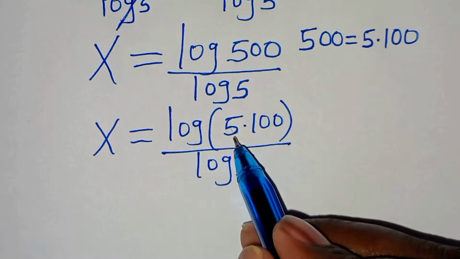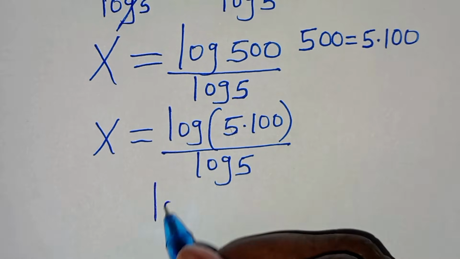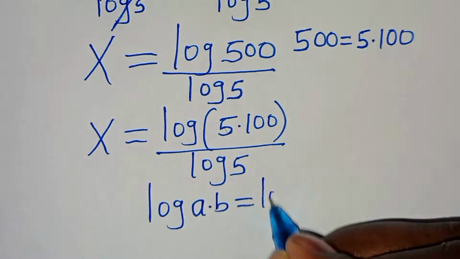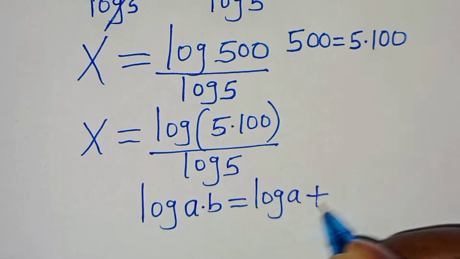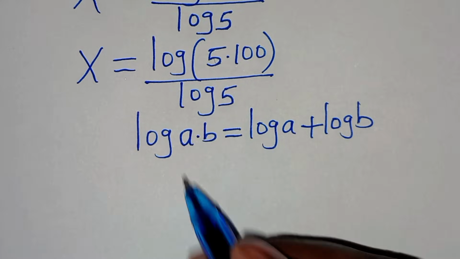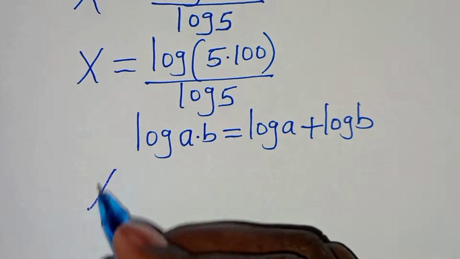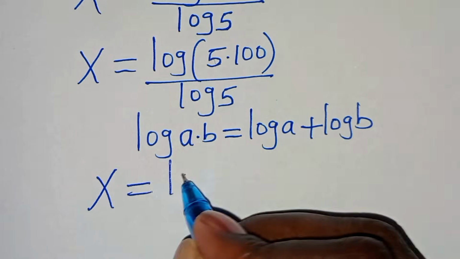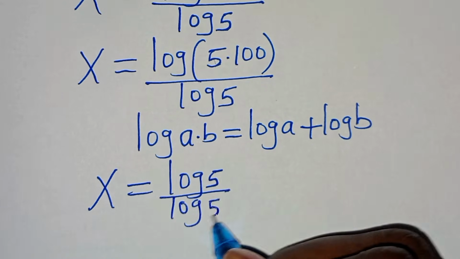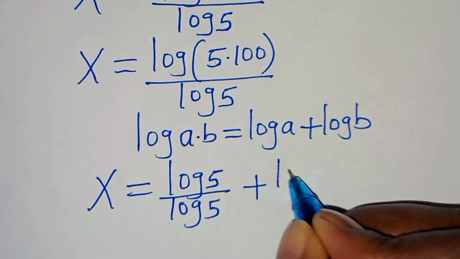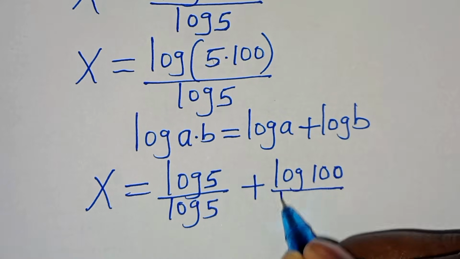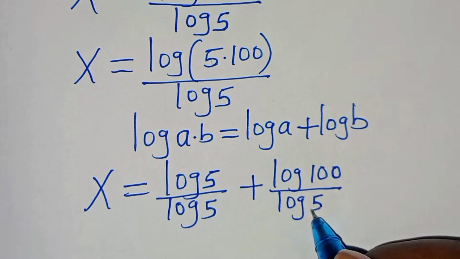So we have log 5 times 100. This is in the form of log a times b, which can be expressed as log a plus log b. Applying this logarithm property, we have x is equal to log 5 divided by log 5, plus log 100 divided by log 5.